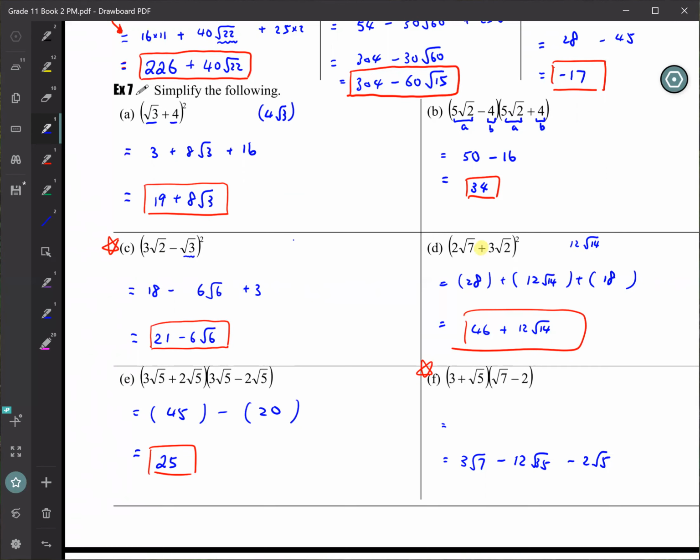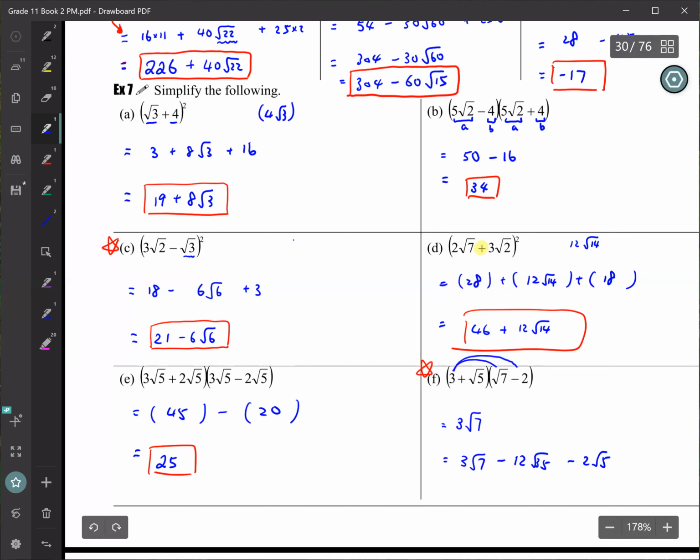This one is Chris, right? Chris? Yes. Yeah, okay. So can you tell us how you expand? I just did 3 times root 7. Okay, so that's 3 root 7, and then? 3 times -2.